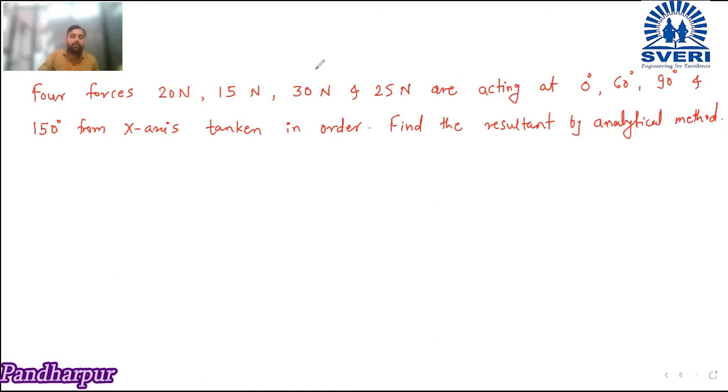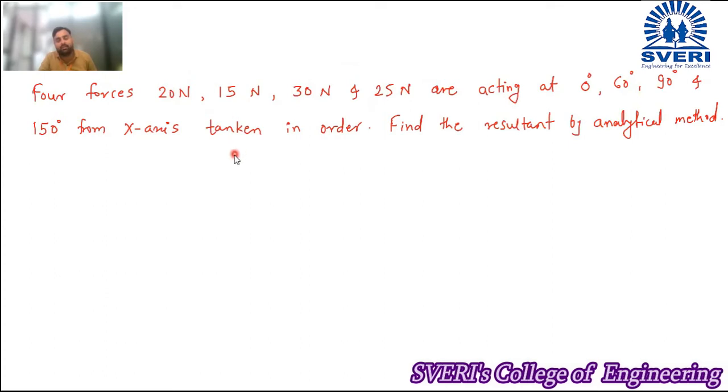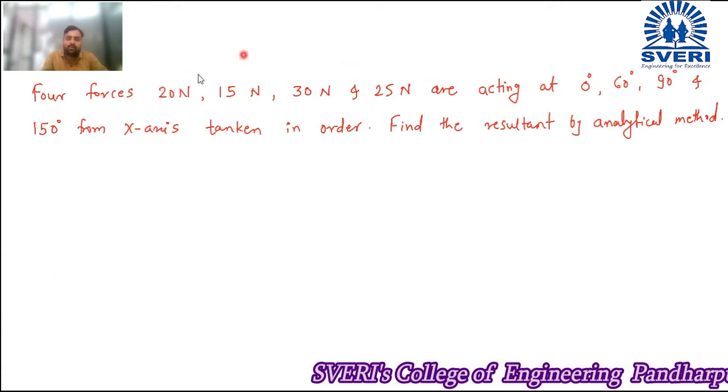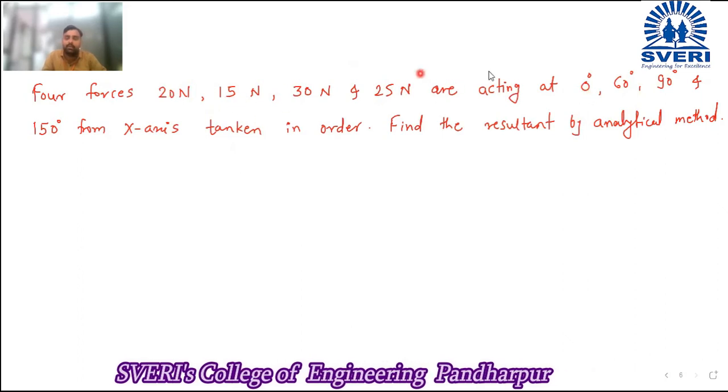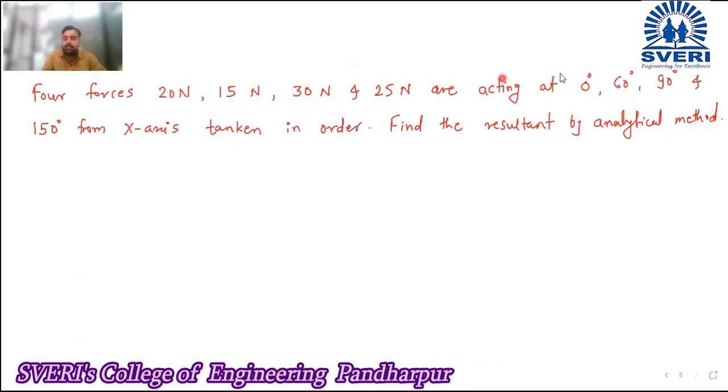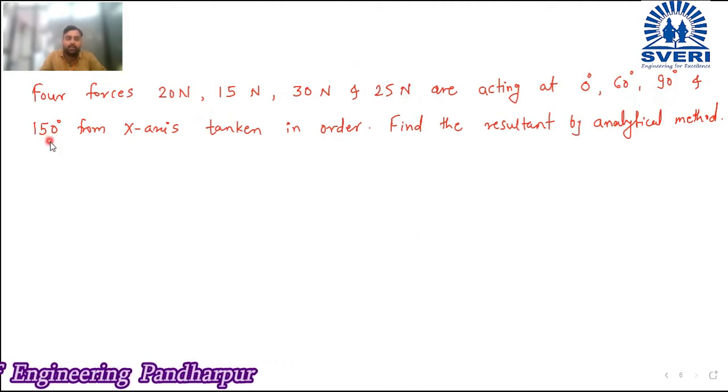Now read the problem carefully first. 4 forces are given, 20, 15, 30 and 25. Their respective angles from x-axis are given. So 20 Newton, angle is 0 degree. 15 Newton, angle is 60 degree. 30 Newton, angle is 90 degree. 25 Newton, angle is 150 degree.